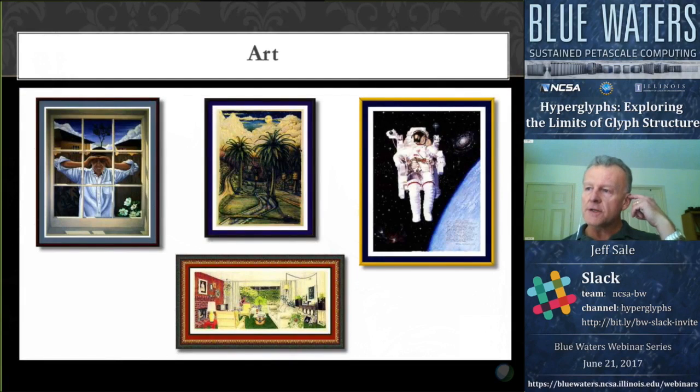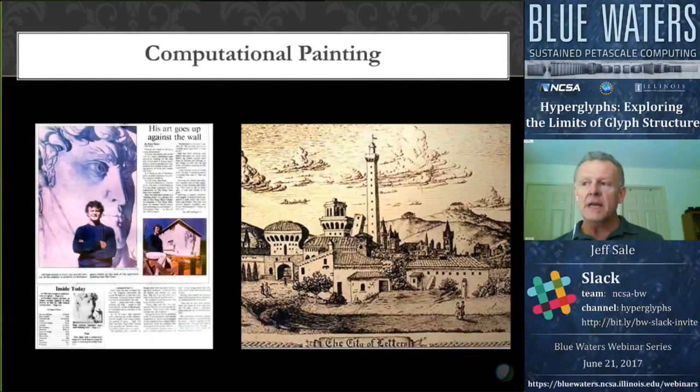I also do art. These are just a few examples of some of the art that I've done. In general, the San Diego Supercomputer Center has a lot of closet artists. It's interesting, when they come out of the woodwork, we have an annual art exhibit, and a lot of the cyber geeks really show off their artistic side. But I did a couple of works that are sort of relevant to this.